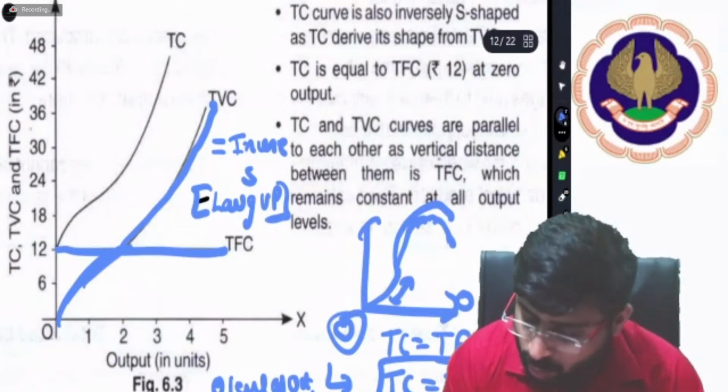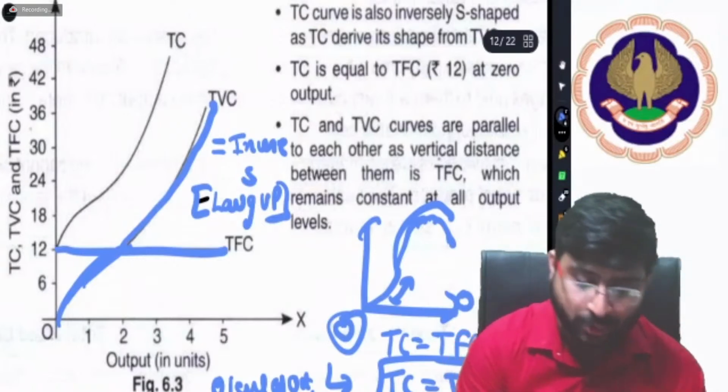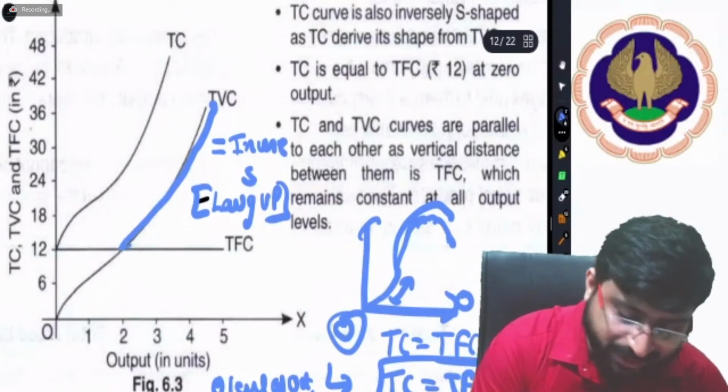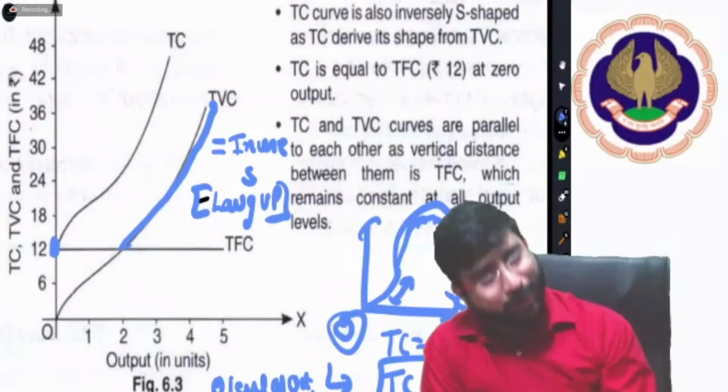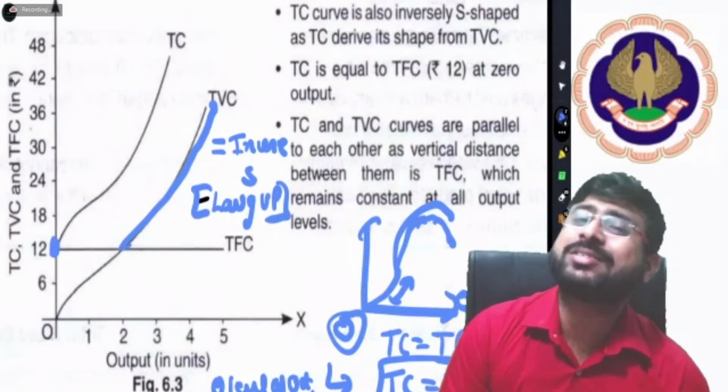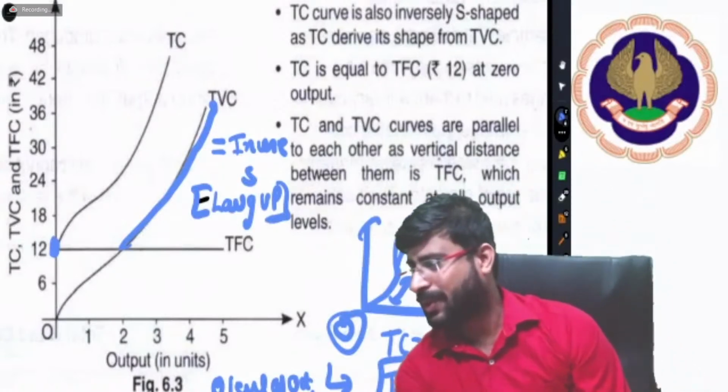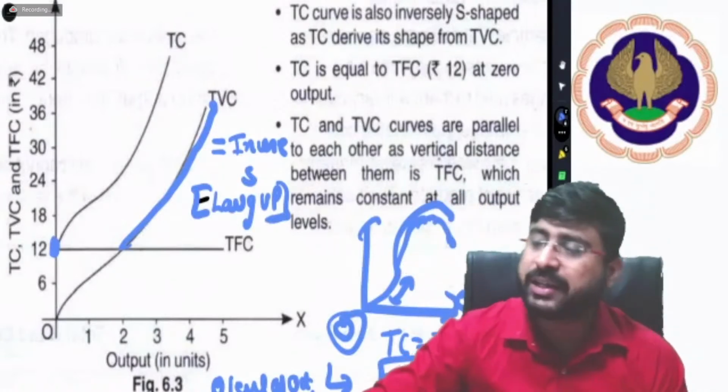So TC equals TFC, and you see TC and TFC start from the same point. Because I told you TC cannot be 0. Why? Because TFC cannot be 0. Now pay attention, friends.